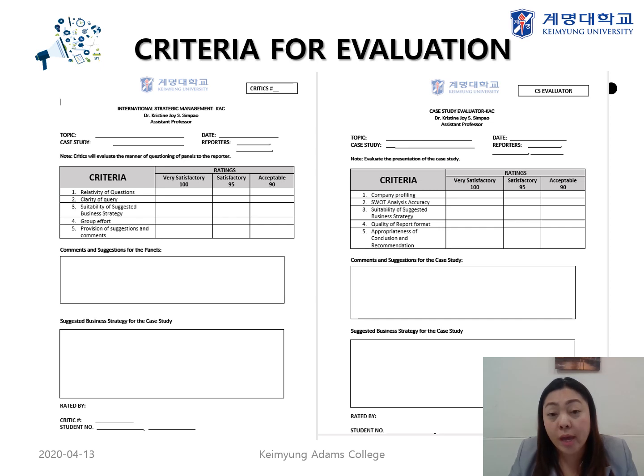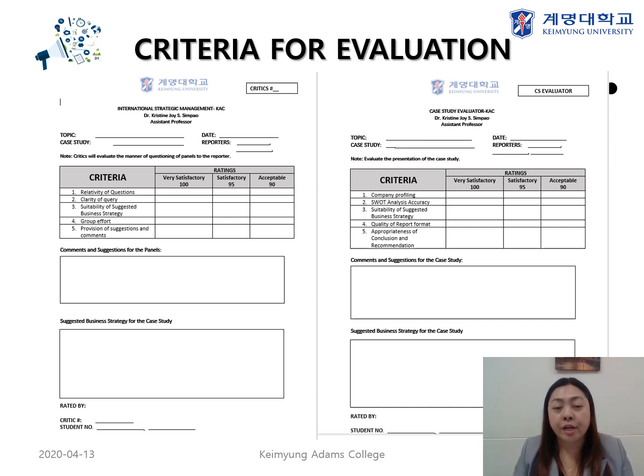The evaluator, you are just going to concentrate on the case study. That's why it is important that Group 1 submits the case study prior to the day of presentation so that they could evaluate your paper.